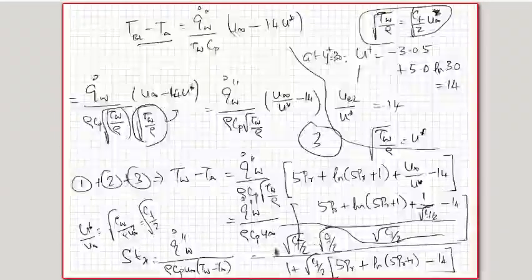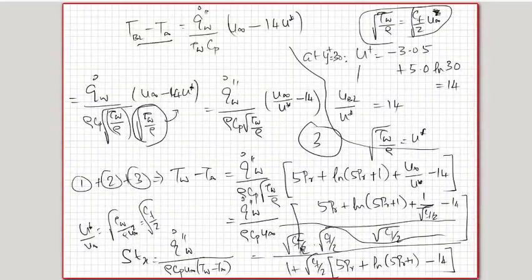Okay, so this is the expression that you get. Okay, I'll write this again on the other page. This is Cf by 2, because square root into square root is Cf by 2 divided by this.